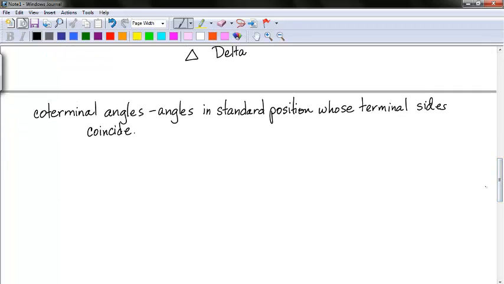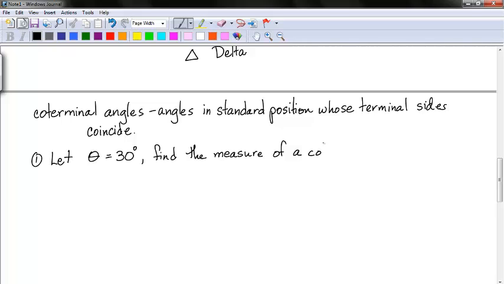Let's look at an example. Let theta equal 30 degrees.